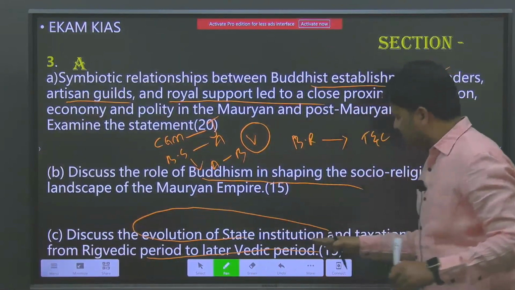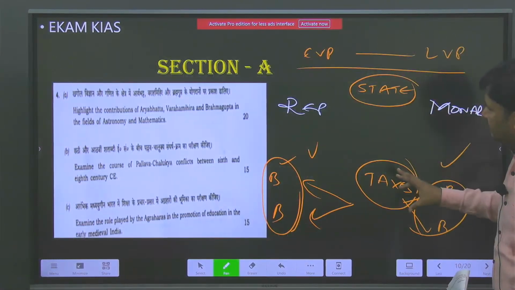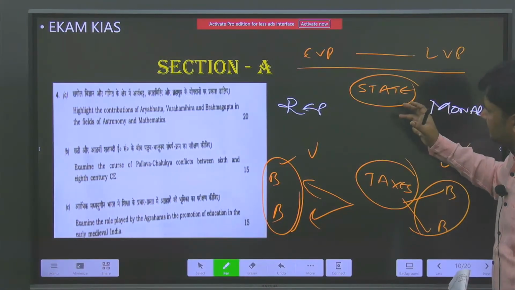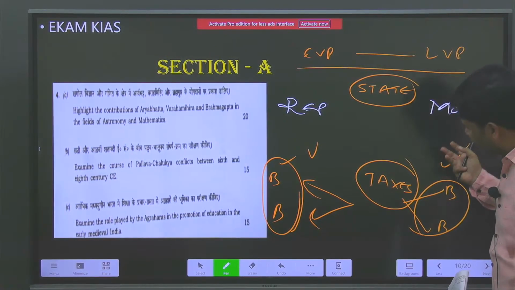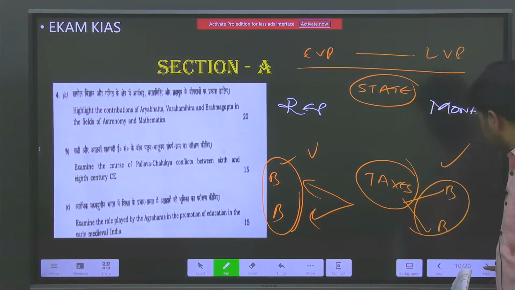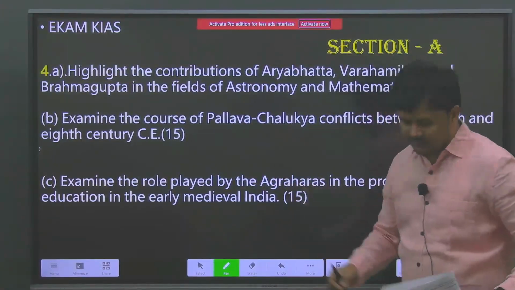So the evolution of state institutions and taxation system, direct question. I have to divide the page into two: state, how early Vedic state was and what kind of changes took place in later Vedic state, and taxation system. Right, it's all about section A, third question, and section A, fourth question.